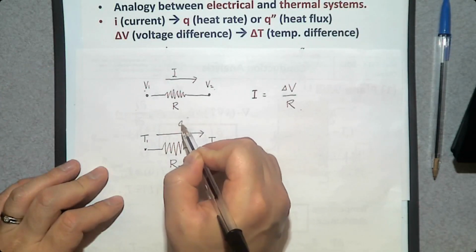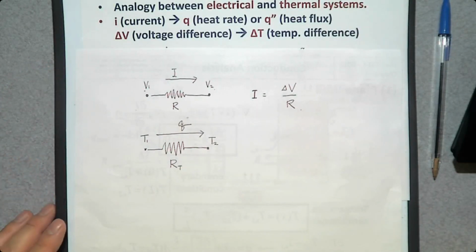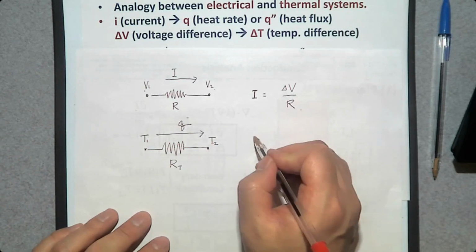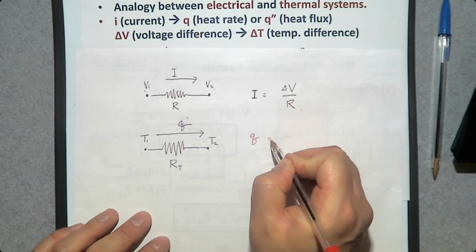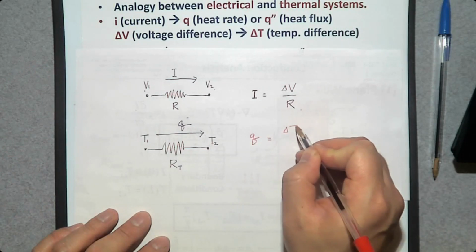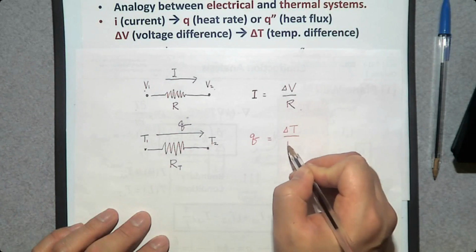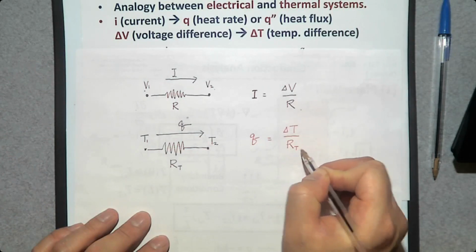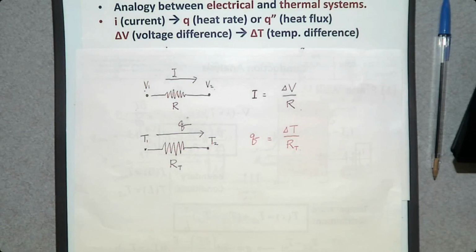The rate of heat transfer, Q. Then heat transfer rate Q is going to be the difference in temperature over thermal resistance R of T. So that's how you can use this thermal resistance network.